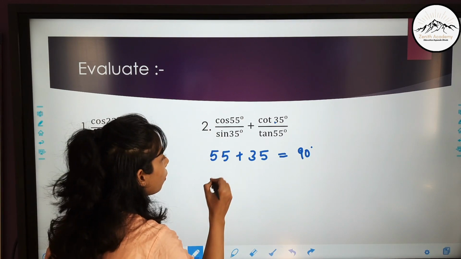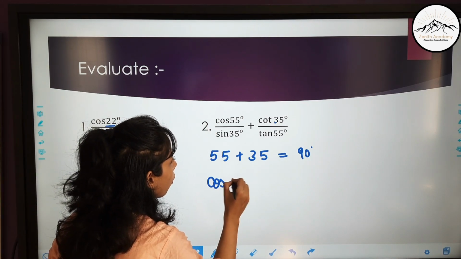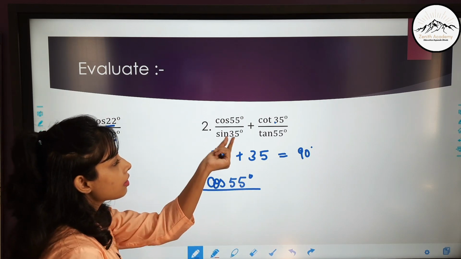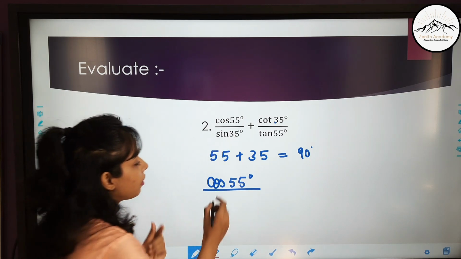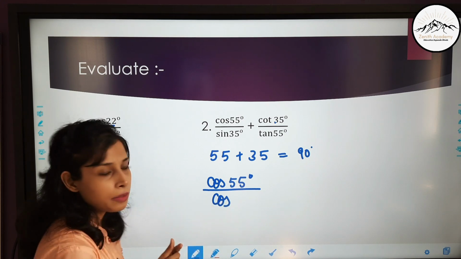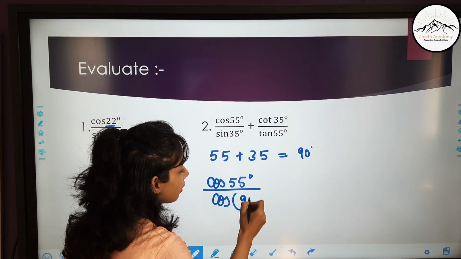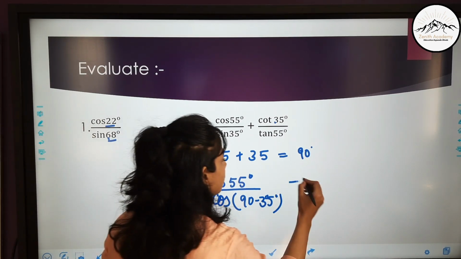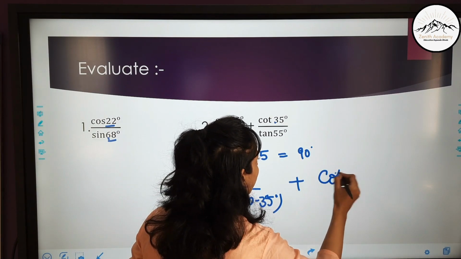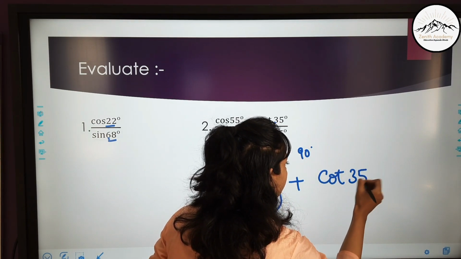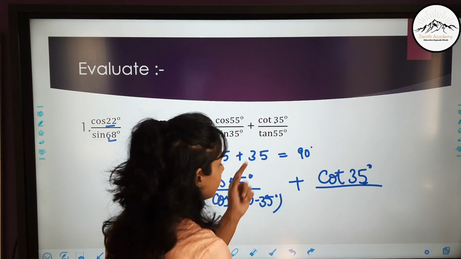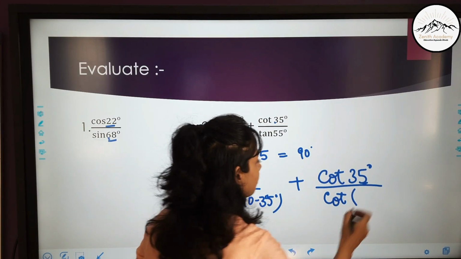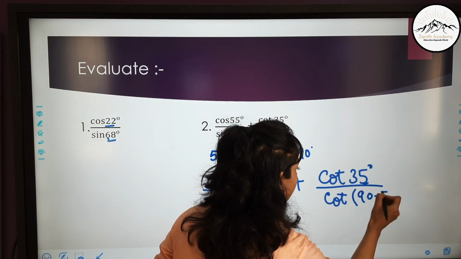So cos 55 degrees, and instead of sin 35 degrees I can write cos 90 minus theta, that is 90 minus 35, and here cot 35 degrees upon tan, so I can write this as cot 90 minus 55.